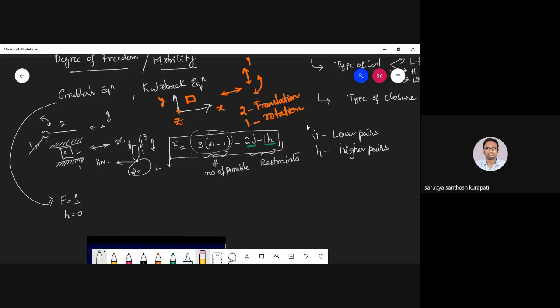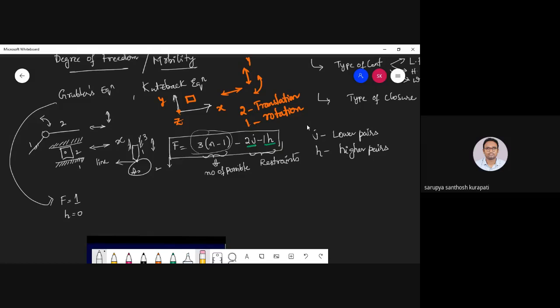That means he didn't consider higher pairs in a mechanism, and he wanted the degree of freedom to be 1. He substituted these values in the Kutzbach equation and derived one relation, and that is Grubler's equation. We have also discussed a few very important problems on degree of freedom. I hope you remember, and please practice those problems.